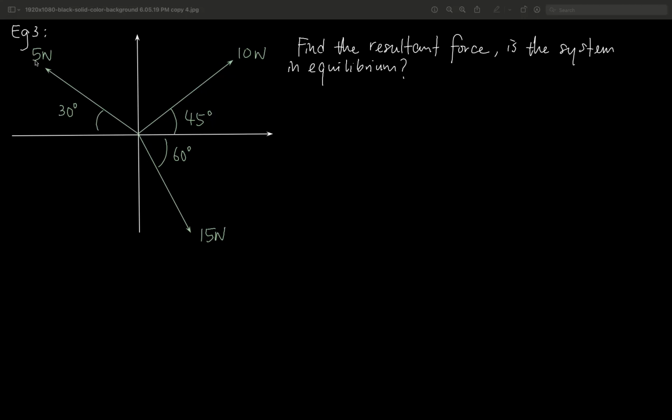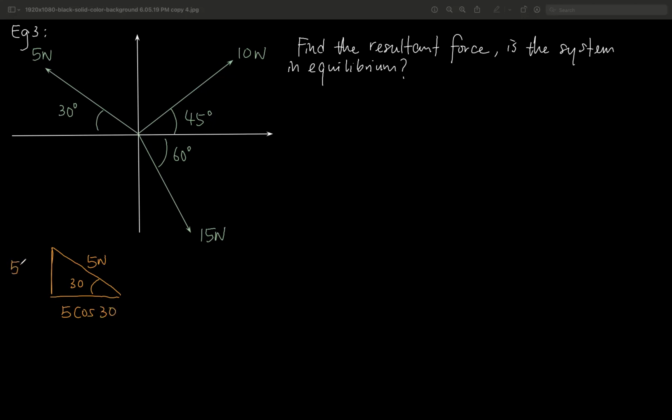Okay, so let's first resolve the 5 Newton. Again, I'm going to draw a small triangle. This is the 5 and this is the 30 degrees. What is here? 5 cos 30.